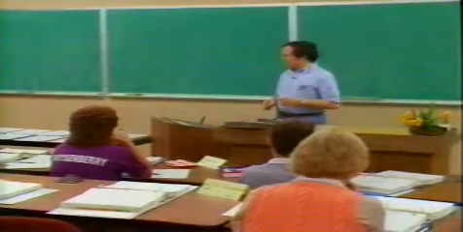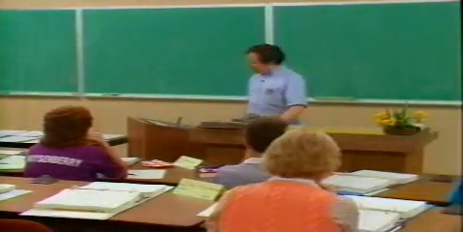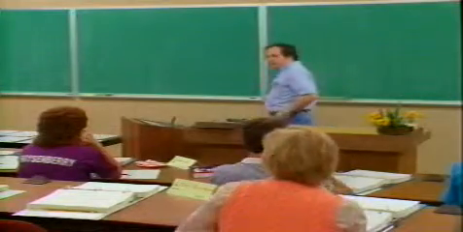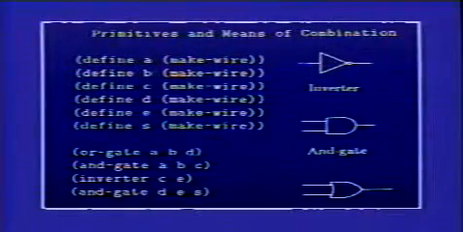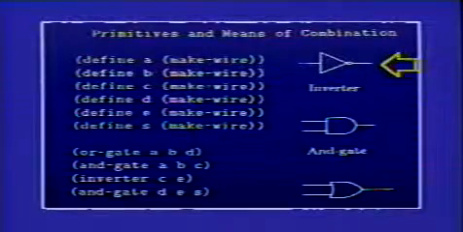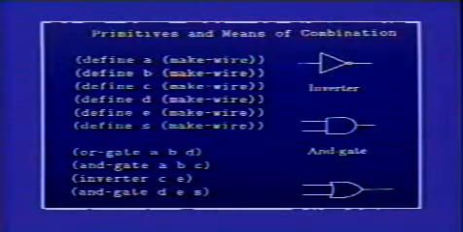Well, let's even go one step further and talk about the most abstract types of electrical systems we have, digital circuits. And here there are certain kinds of objects. For example, in digital circuits, we have things like inverters, AND gates, and OR gates.